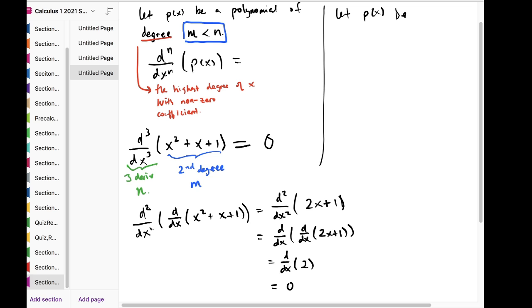Right, so if p of x is a polynomial of degree n, what is the degree of the derivative? Right, n minus 1.